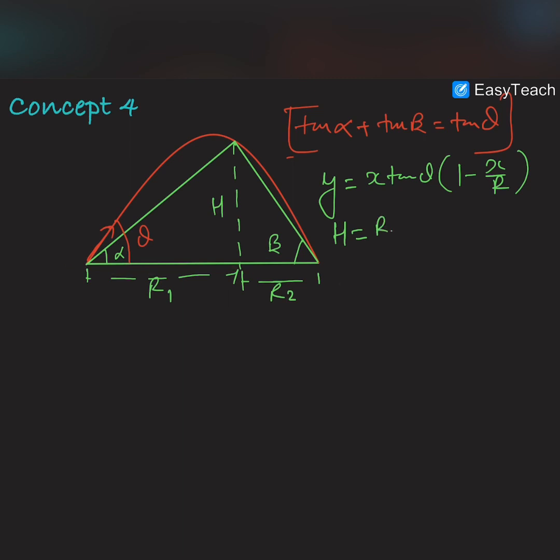X is r1 and this is tan theta, and 1 minus x by total range. The total range would be r1 plus r2.